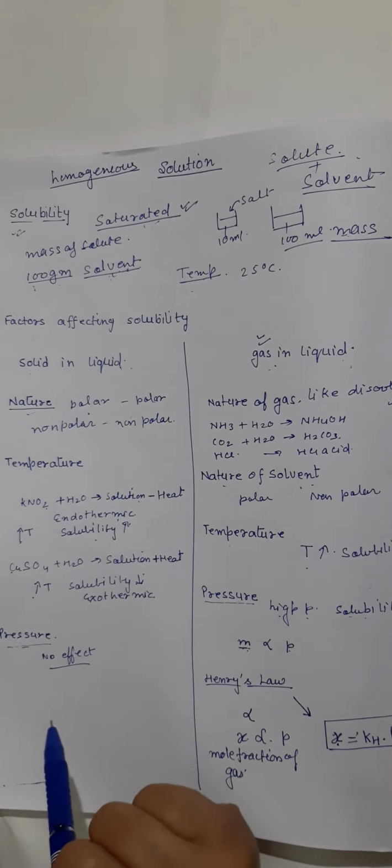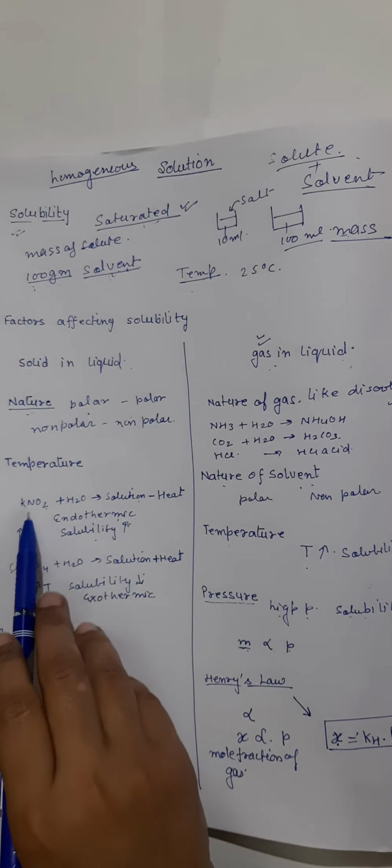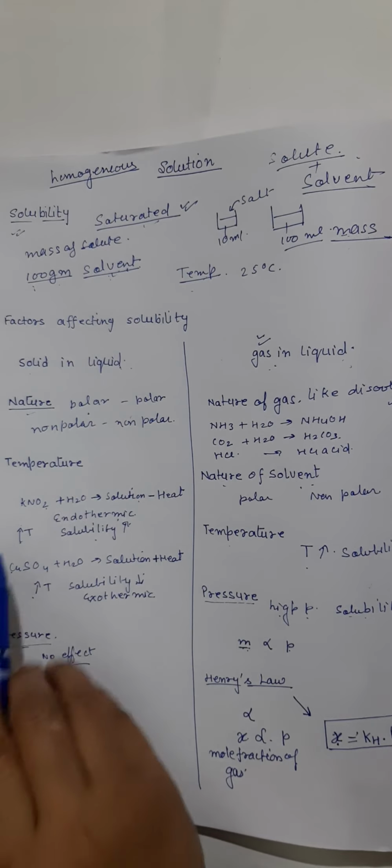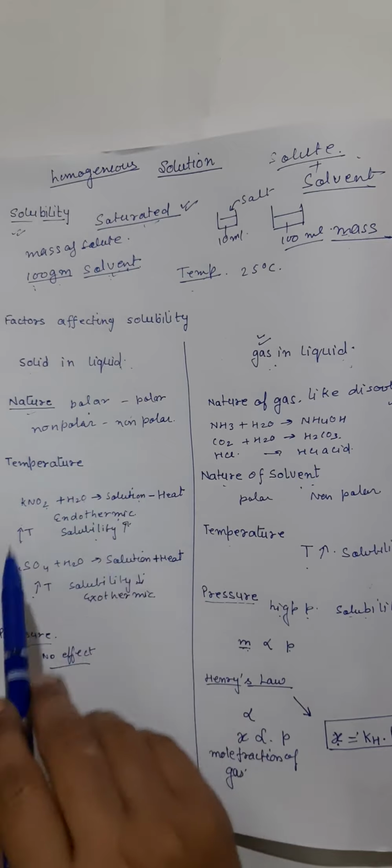The second factor which has to be studied is temperature. You must have studied that there are certain chemicals which, on dissolving in water, make the beaker cold. Few of you must have done this experiment also. For example, potassium nitrate: when it is dissolved in water, a solution is formed, but at the same time the beaker becomes very cold.